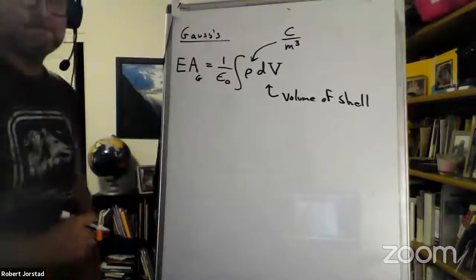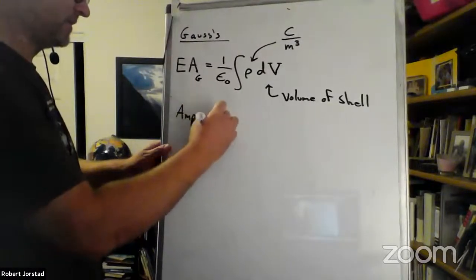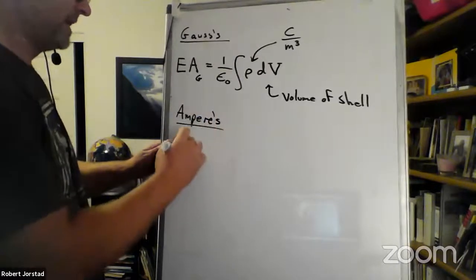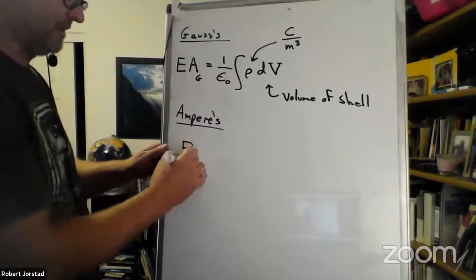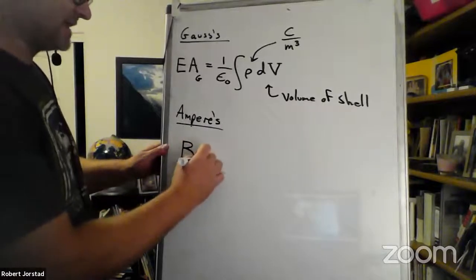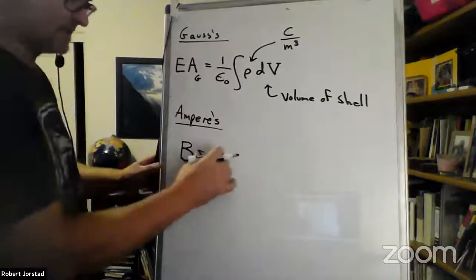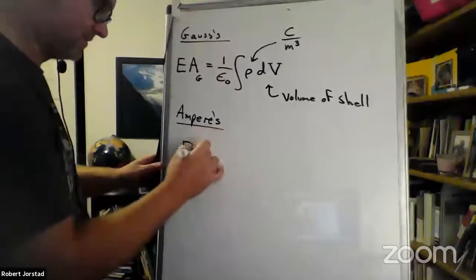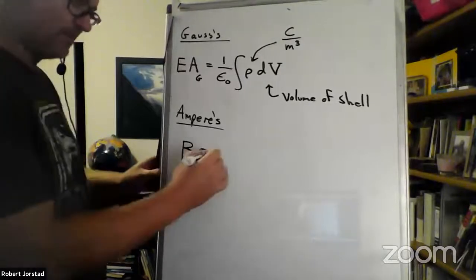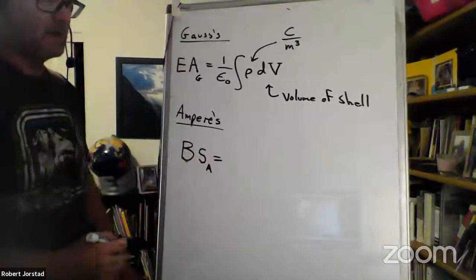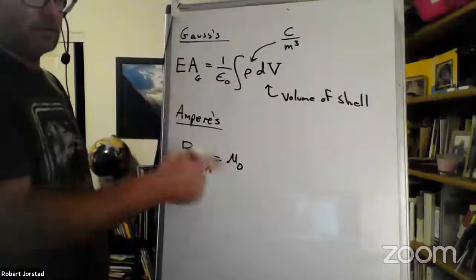Ampere's looks a little bit different. It would be B times S of the Amperian loop, and that's supposed to be a letter S. This would be a length of an Amperian loop. More on that in a second. It's mu naught, basically a physics constant. So it was 1 over, this one's not 1 over.